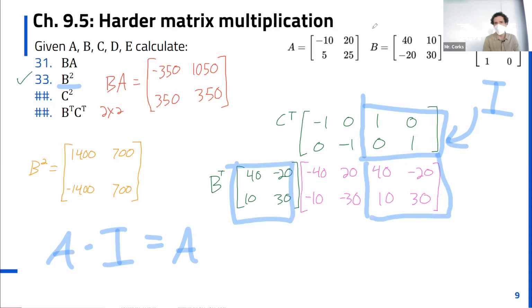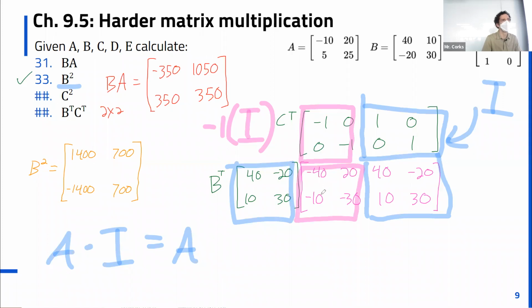And then this part on the left here, what does this look like? Right, it's like the identity matrix sort of times -1. So all that we'll do is just multiply everything inside the matrix by -1. So we see that here.